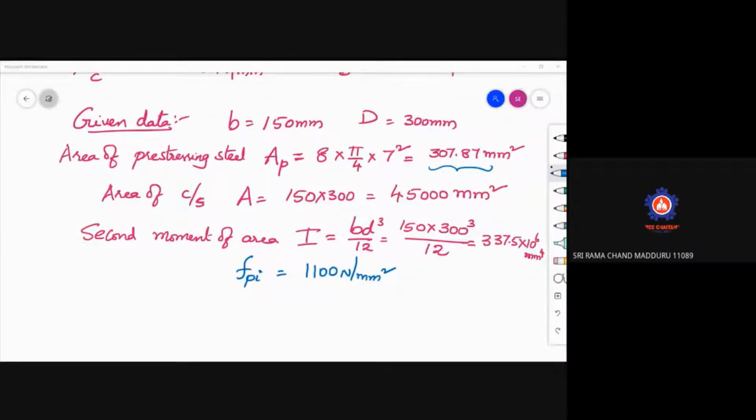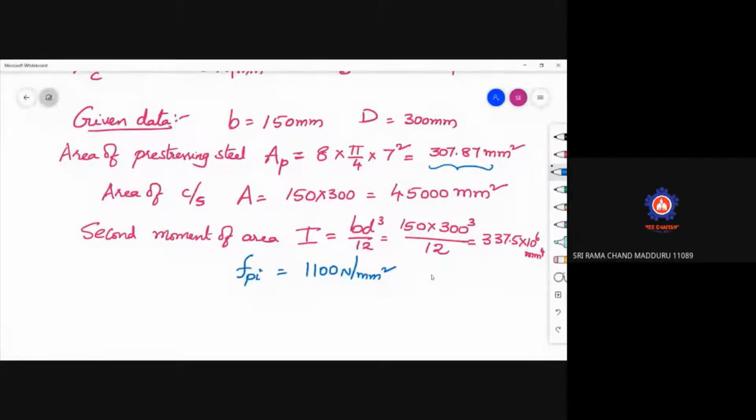So with this value, we can write down the pre-stressing force. Pre-stressing force is simply AP multiplied with FPI, area of pre-stressing steel multiplied with the initial pre-stress. So this is called the pre-stressing force.